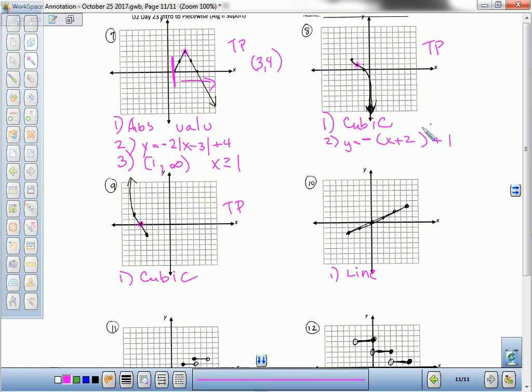Because I goofed. Thank you. All right, now let's do the restriction. This is where it starts, and it goes forever that way. So it goes from -3 to infinity, which is x values that are greater than or equal to -3.